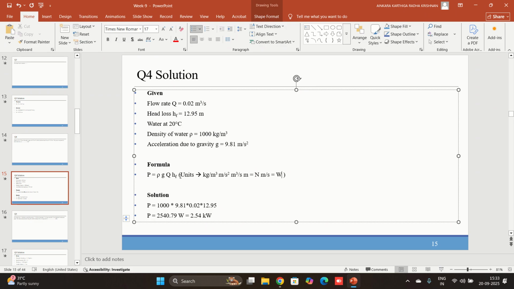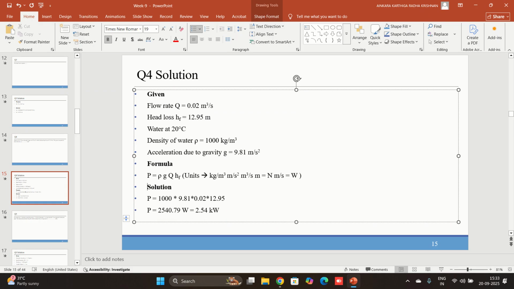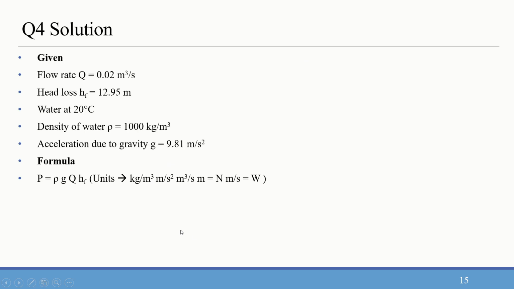Like this you can cross check if you forget any formula. So the formula is P is equal to rho g into Q into HF. So we know everything. 1000 into 9.81 into 0.02 meter cube per second into HF is 12.95.